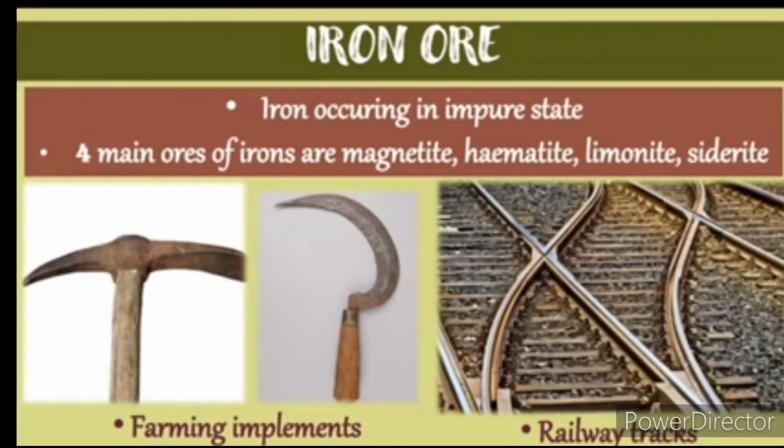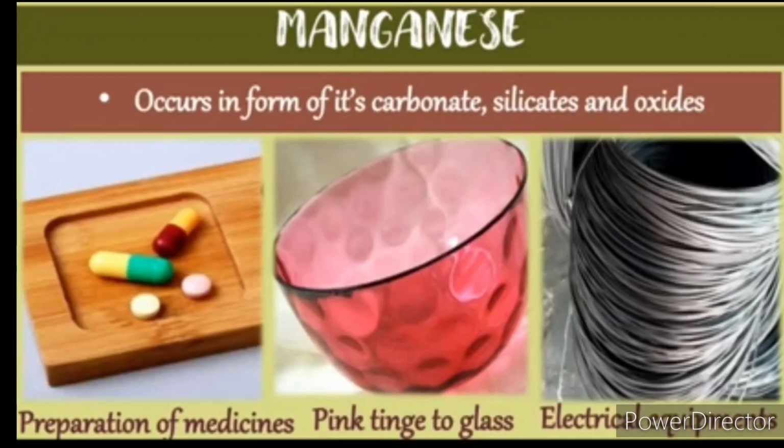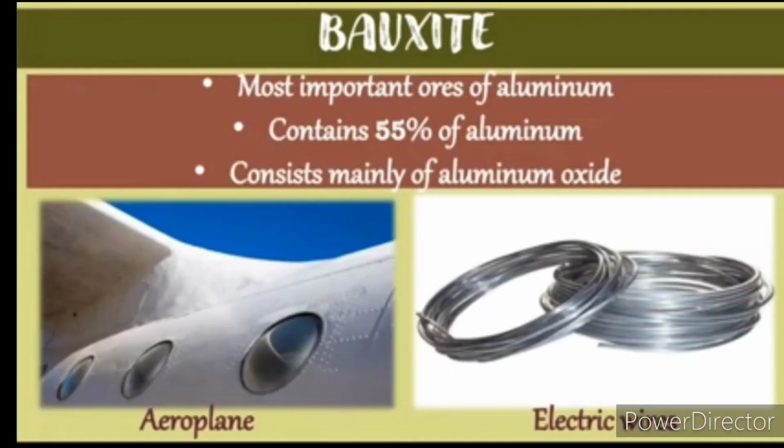The next important mineral is manganese. Manganese occurs in the form of carbonate, silicate and oxide also. Compounds of manganese are used in the preparation of medicines and for giving a pink tint to glass. Manganese is also used in electric appliances.